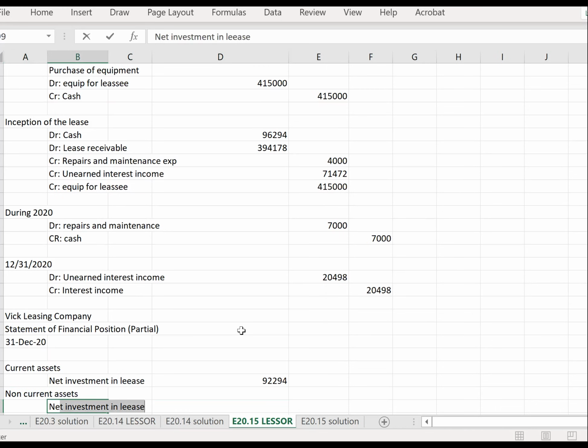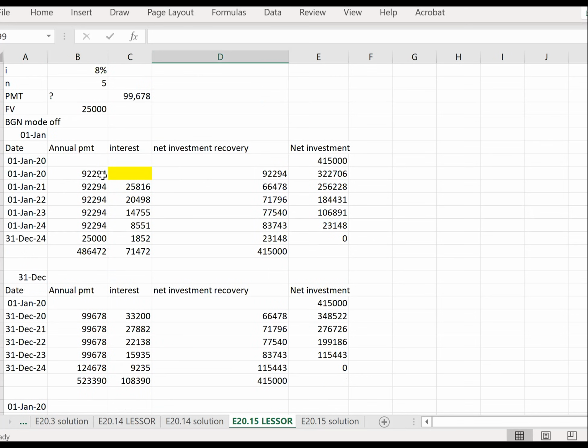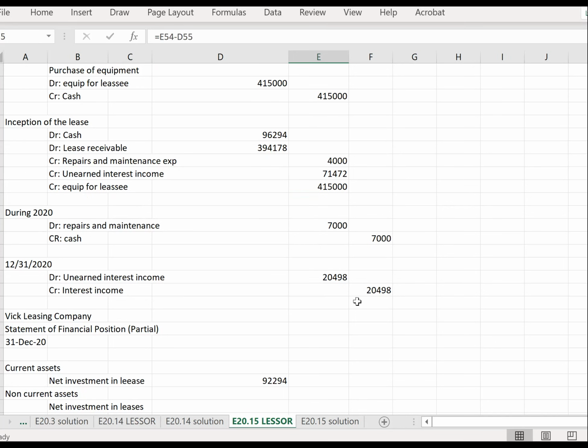And we're going to have the net investment in leases. And our net investment in leases is going to be this number here. So let's take a look. We're up here, December 31st, 2020. So the net investment in leases is going to be this 256,228.